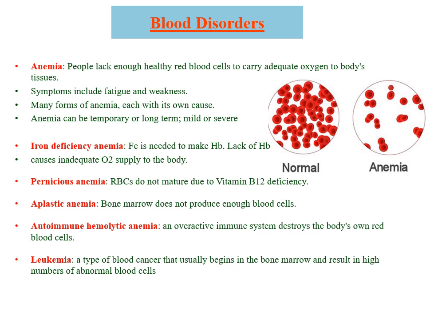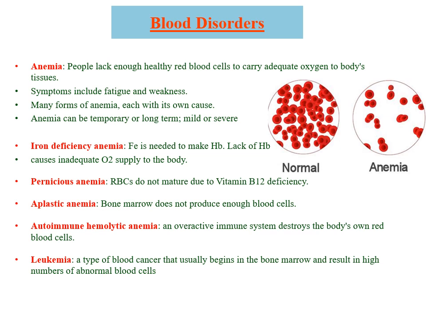Third is pernicious anemia, a condition that prevents the body from absorbing enough vitamin B12 in the diet. RBCs do not mature if there is vitamin B12 deficiency. Aplastic anemia. Aplastic anemia is the condition where the bone marrow does not produce enough blood cells, including RBCs, WBCs, and platelets.